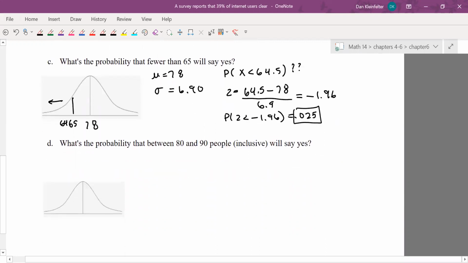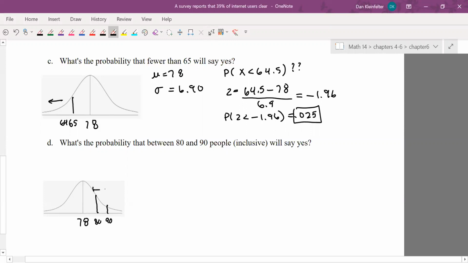All right, and then our last piece, we want to know the probability that between 80 and 90 people will say yes. So between 80 and 90. We have to think about what values are going to get rounded to something between 80 and 90. It has to be greater than 79.5 and less than 90.5.